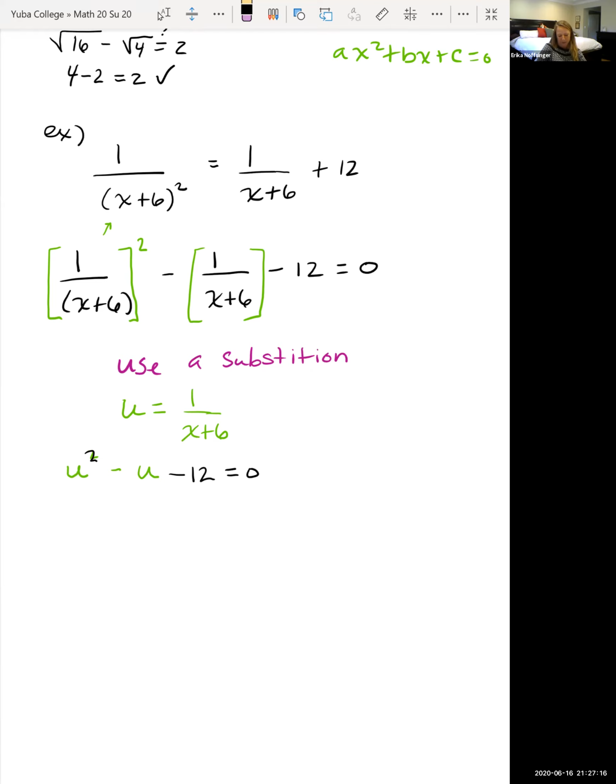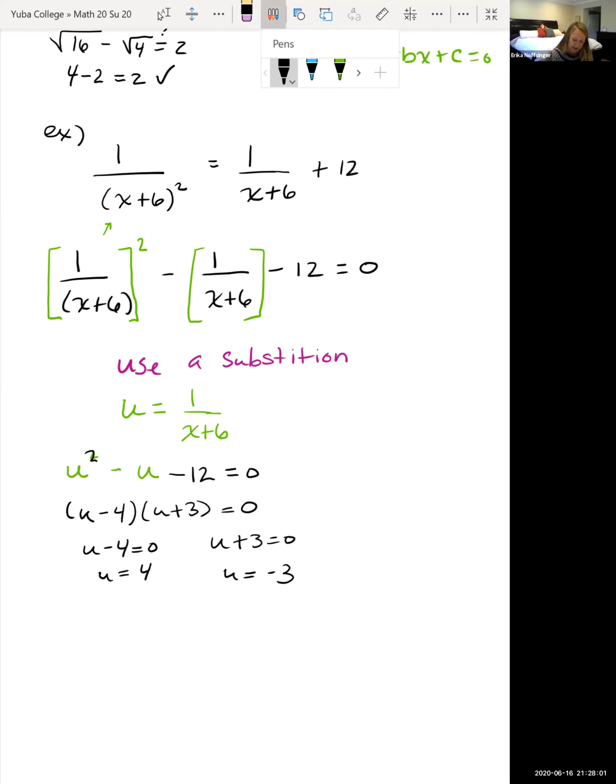So u minus 4, u plus 3 equals 0. So I can solve for u in each case. I'm looking at when u minus 4 equals 0, and I see that's when u is 4. And we're looking at when u plus 3 equals 0. Subtract 3, we get u is negative 3.